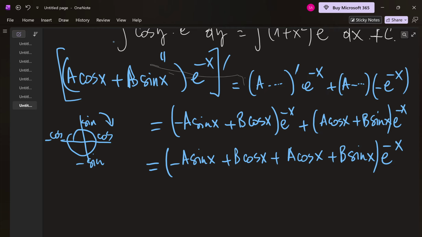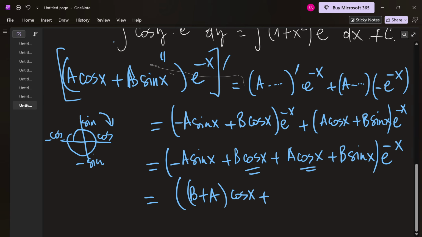Okay, and if we separate, we get the cosine coefficient b plus a cosine x, plus now b minus a sine x, times exponential minus x.